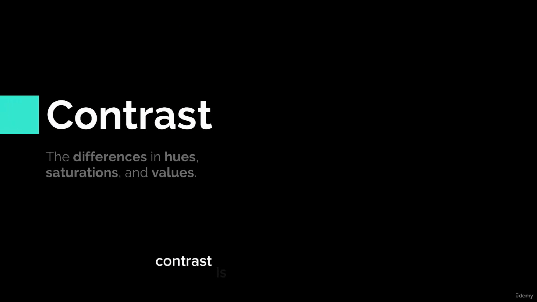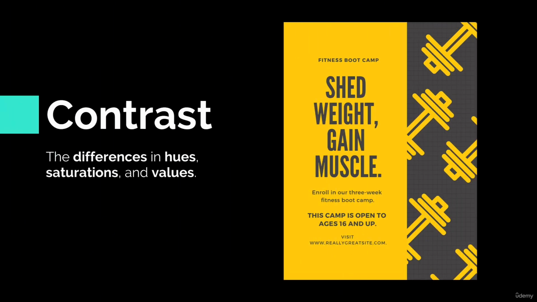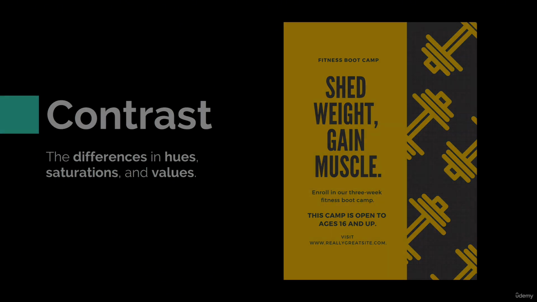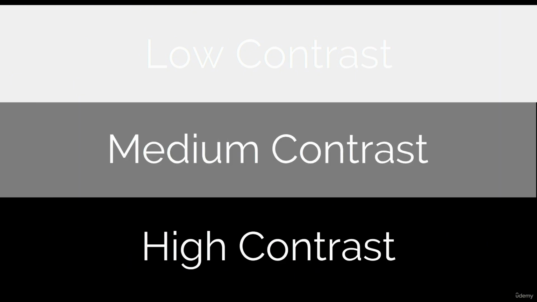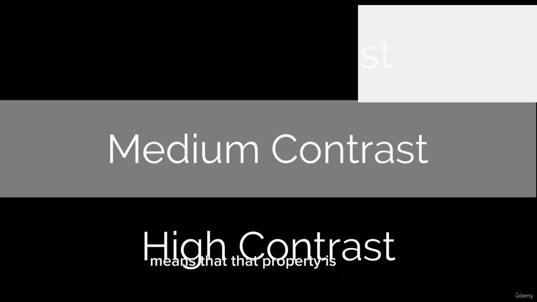The final thing I want to mention in this video is contrast. Contrast is the difference in hues, saturations, and values or brightness. Colors that have a higher contrast property means that that property is further away from each other.